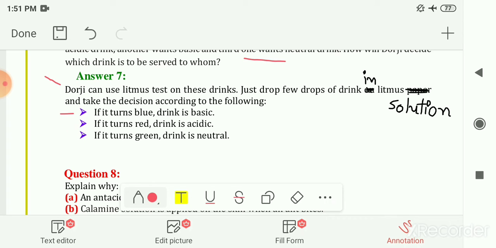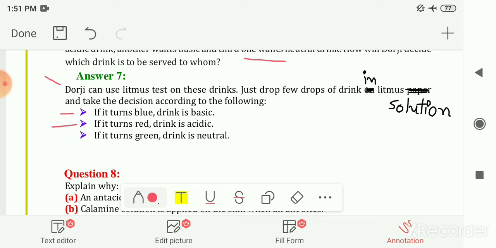So here it is given to you: if the drink turns blue, then the drink is basic. As we have seen, a basic solution shows blue color when it is added to litmus solution. Then if it turns red, the drink is acidic.